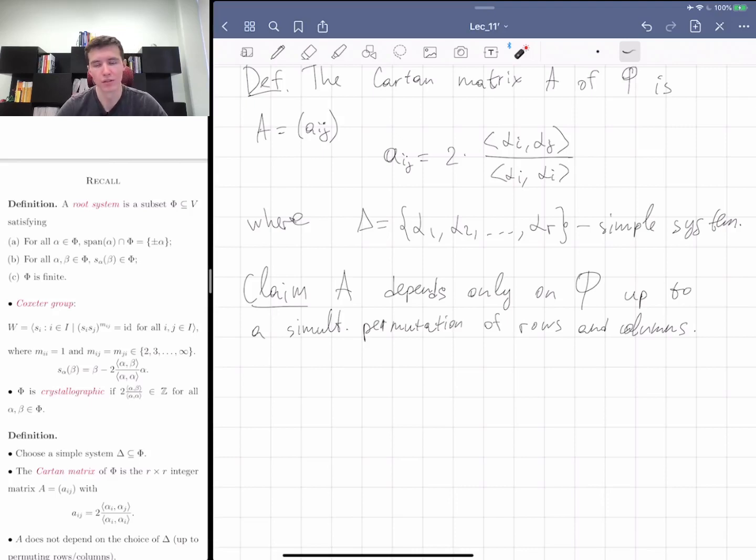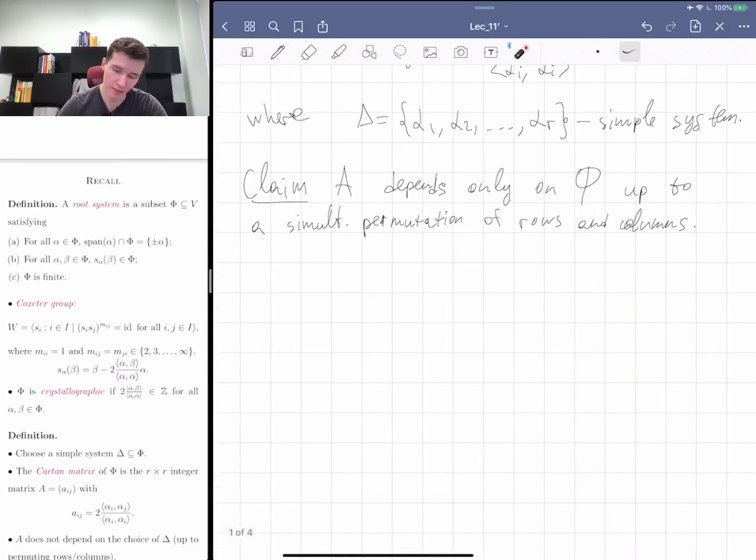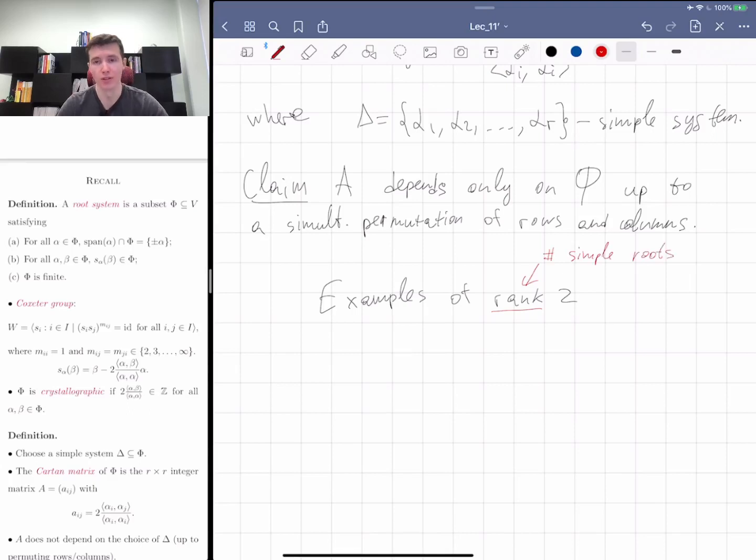Okay. And now I guess this is a good place to explain the low dimensional examples. I'm going to be explaining examples of rank 2. Here the rank is just the number of simple roots, or in other words, the dimension of the span of my root system.